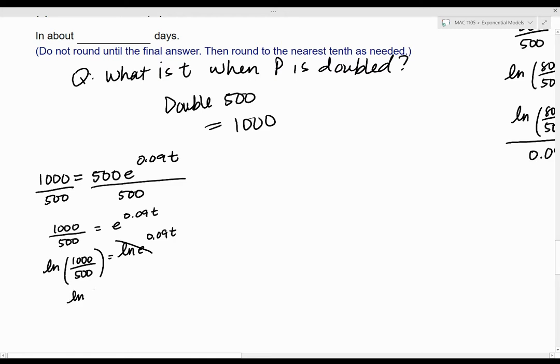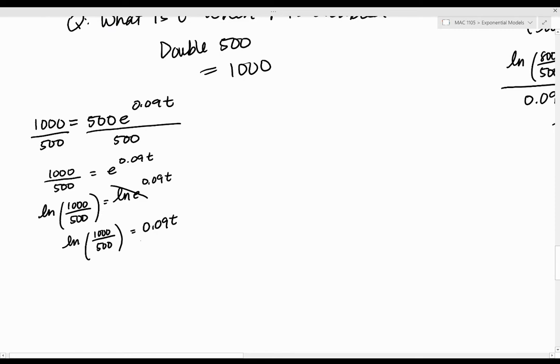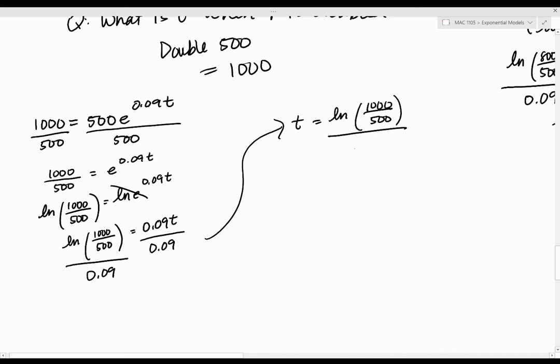So I'm left with the natural log of 1,000 over 500 equals 0.09 t. And I need to solve for t, so I'm going to divide both sides of my equation by 0.09. So t is equal to the natural log of 1,000 divided by 500 all over 0.09.